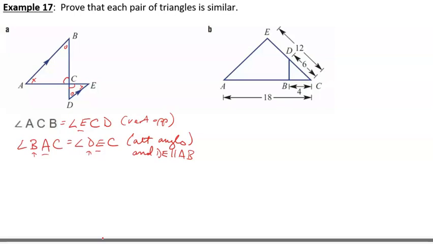So we would put angle, what have we not got? ABC is equal to angle EAD, which corresponds to BC. And the reason is exactly the same thing. Alternate angles, and DE and AB are parallel to each other.